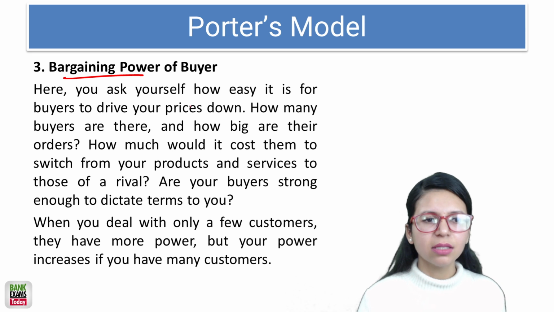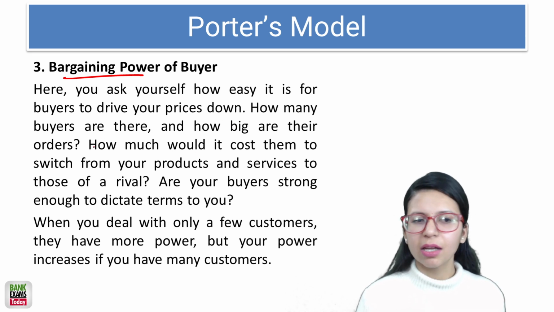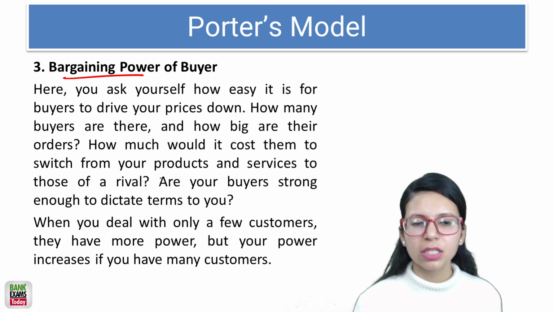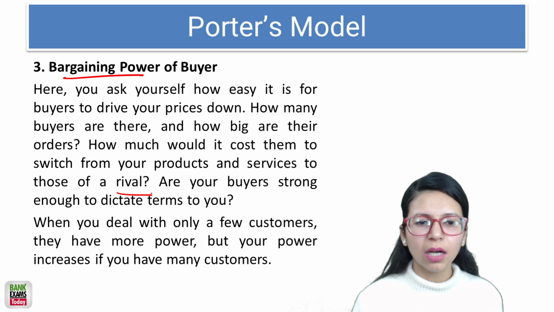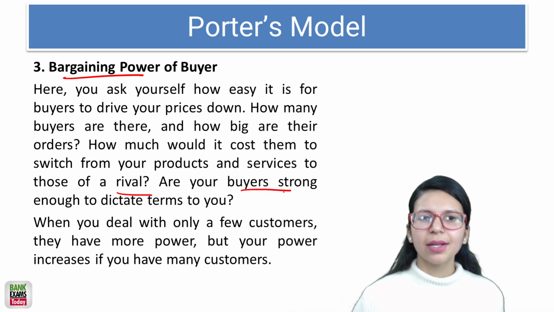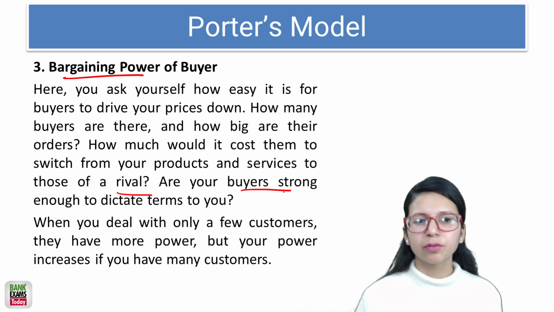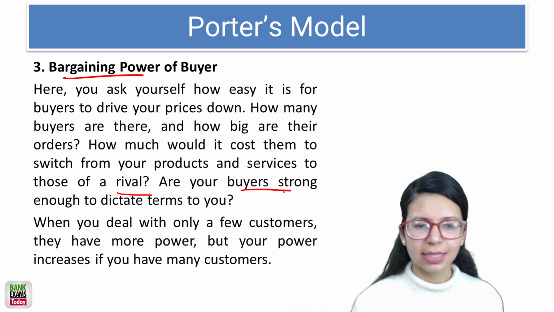Okay, so in this we get to know how many buyers are there, how big their orders are, and what it would cost us to switch from our products and services to the rivals, and how strong buyers are. All of these things are included in bargaining power of the buyer. All about the buyer, like how many buyers we have, how big their orders are, things like that.